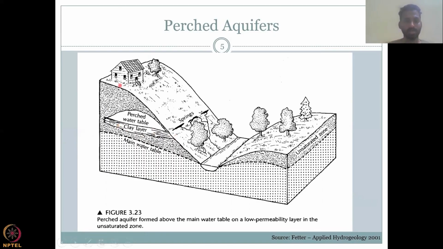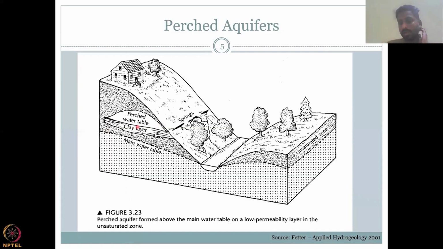What happens is water is moving from top to down due to gravity, and it gets hit on top of the clay layer, and it becomes a perched water table. So you have to be careful here because water enters and it wants to go down, but you finally have a clay layer. It is not uniform, so it forms a small perched aquifer.